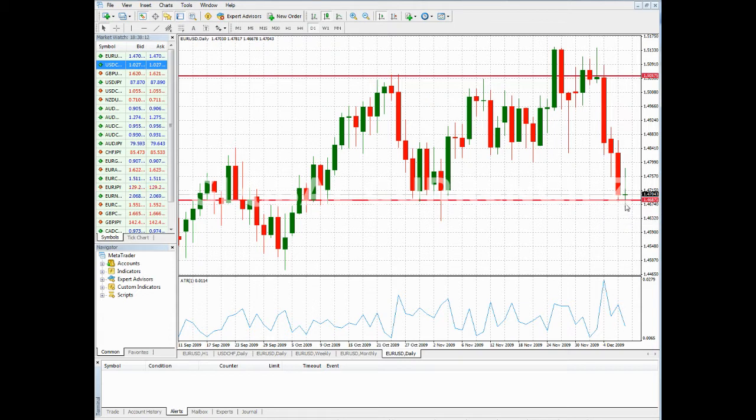So we may see that prices may attempt to penetrate this level and go further down. Then the next point to look for would be down here.